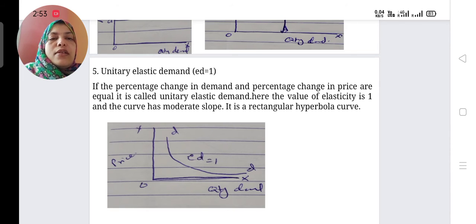Then the percentage change in demand and the percentage change in price are equal. It is called unitary elastic demand. Here the value of elasticity is 1 and the curve has a moderate slope. It is a rectangular hyperbola curve.